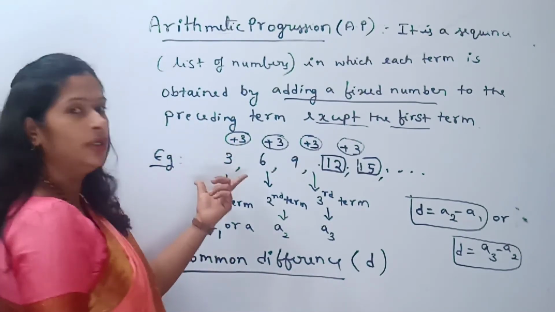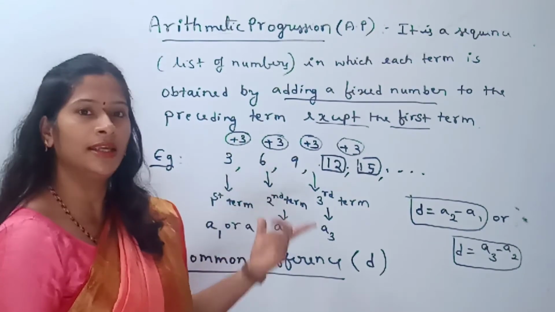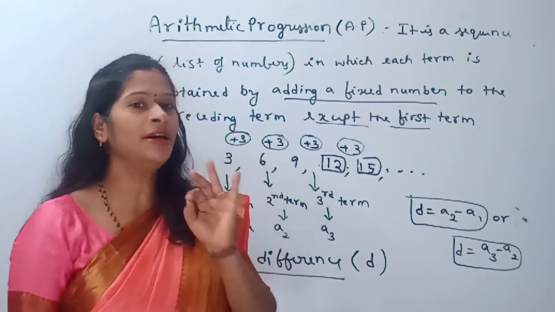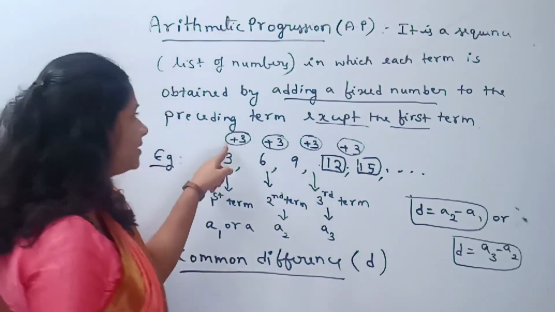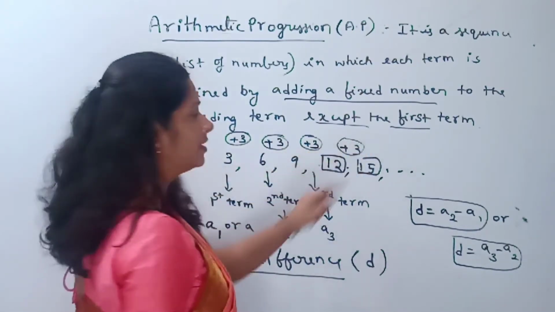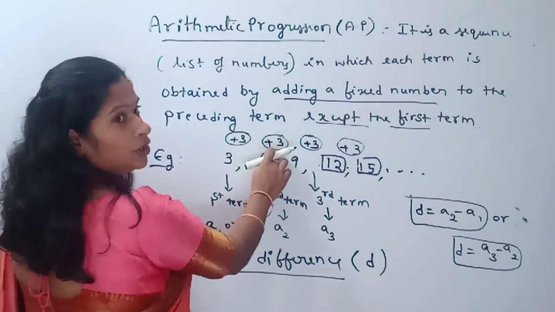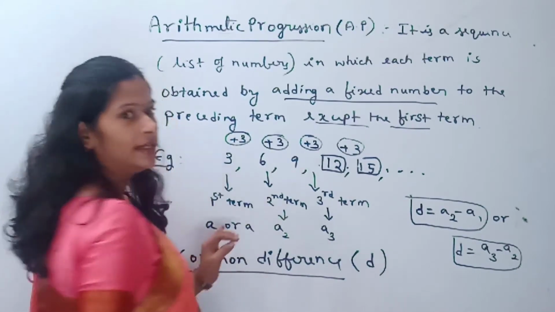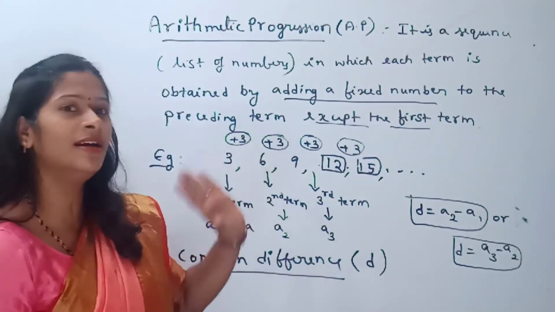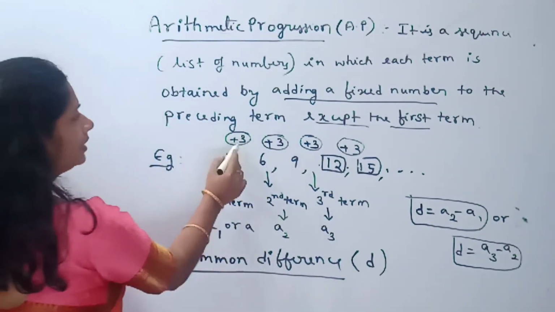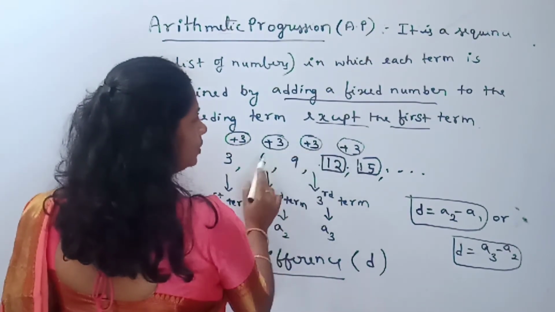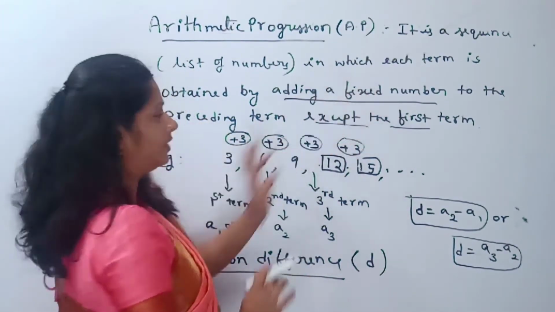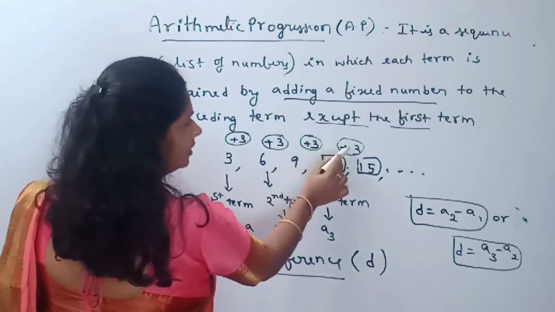So now how will you find out whether this sequence is in AP or not? The common difference should be the same throughout the sequence. See, if here you get 3 and here you get 2, then you cannot say that this sequence is in AP. Got it now? The common difference should be the same throughout the sequence. 3, 3, 3, here also 3 is there.